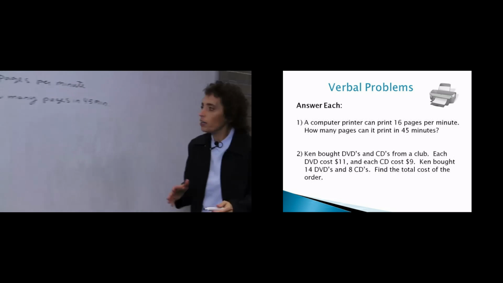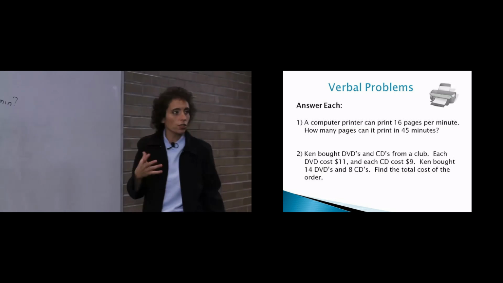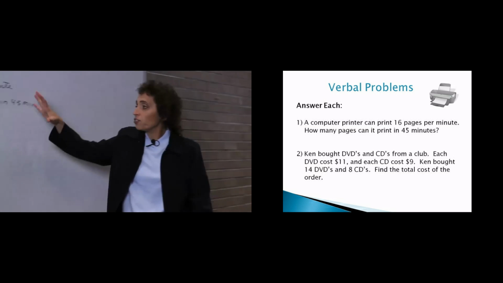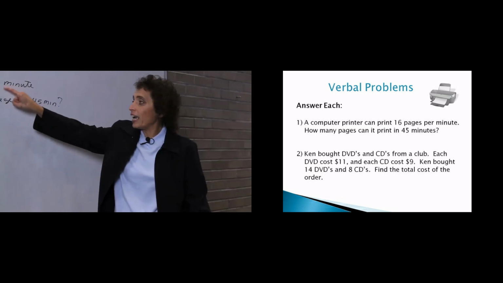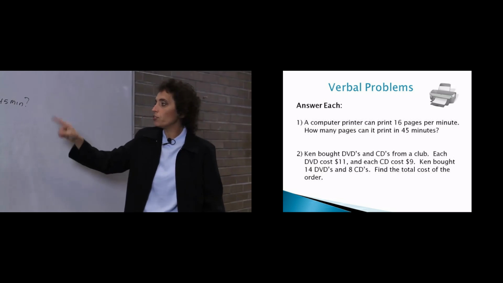Now sometimes, I know this is silly, but sometimes it's a good idea to write yourself a little diagram almost. If I have 16 pages per minute, that means every minute it's going to print 16 pages. How many pages in 45 minutes?